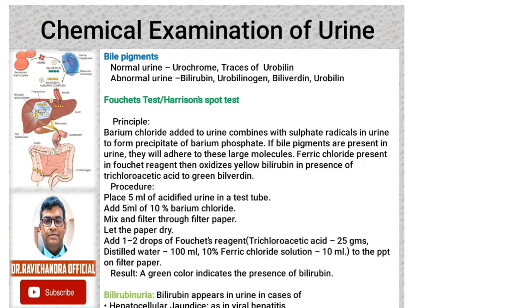The Fouchet reagent is added to the precipitate on the filter paper. A green color will indicate the presence of bilirubin in the given urine solution. Passage of bilirubin is bilirubinuria. It is seen in hepatocellular jaundice as in viral hepatitis.